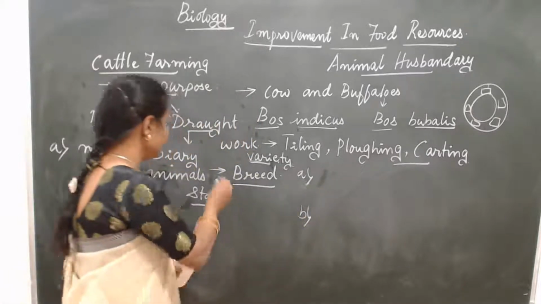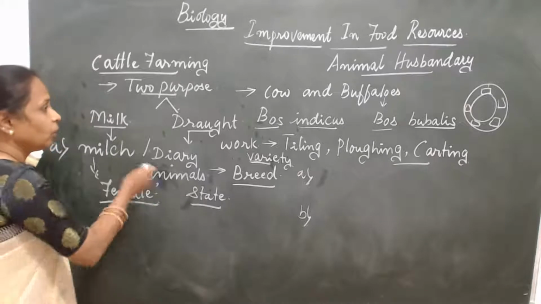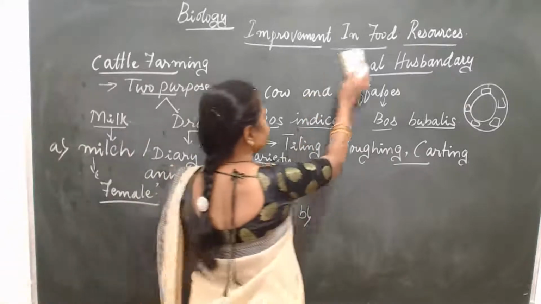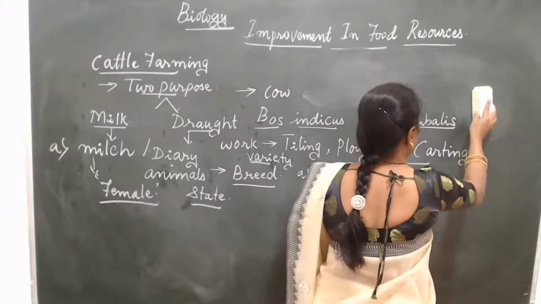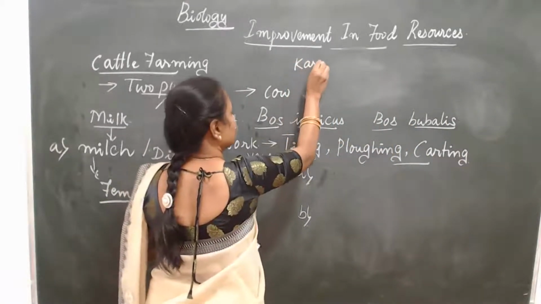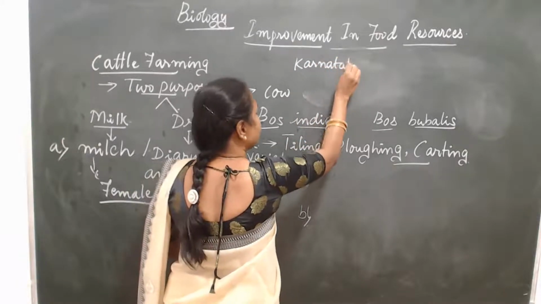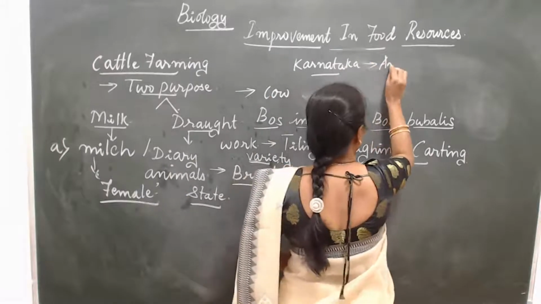So let me give you examples of the dairy animals. Let me go for the particular breed. When we go for the dairy animals, you have to remember, let us start with our state, that is Karnataka. In Karnataka, the most preferred dairy animal is the Amrit Mahal.